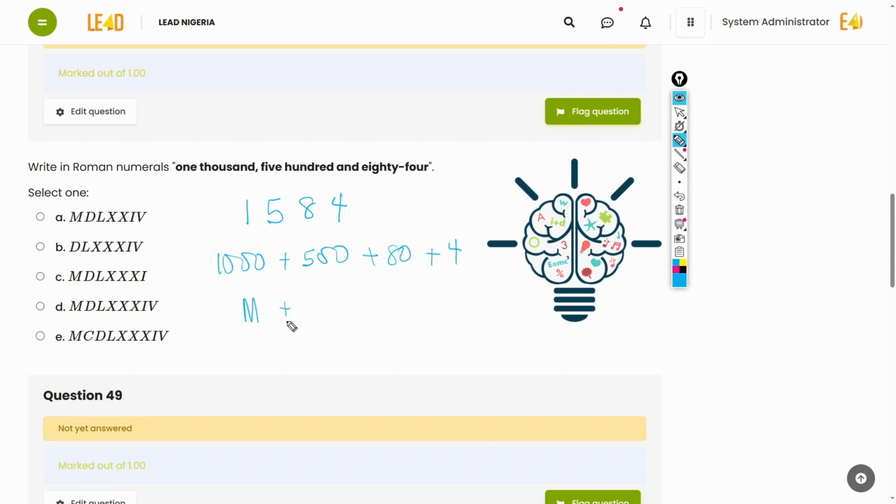That's M plus D plus 80, which is LXXX, and 4 is IV. It is M D LXXX IV. The correct option is D.